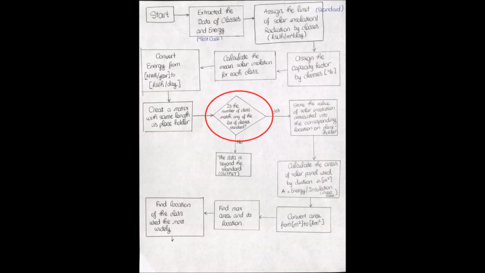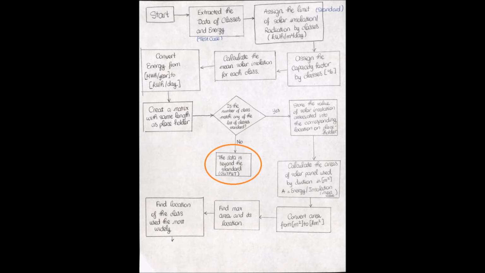Step 7 is we run a loop through the code to see if any of the classes from the data that was given to us matches the classes from the capacity factor and the solar insolation that we talked about earlier. If any of the classes from the data given to us does not match any of the classes that we have from the capacity factor and the solar insolation, then unfortunately that's beyond our data.